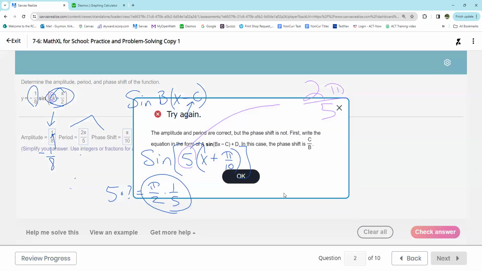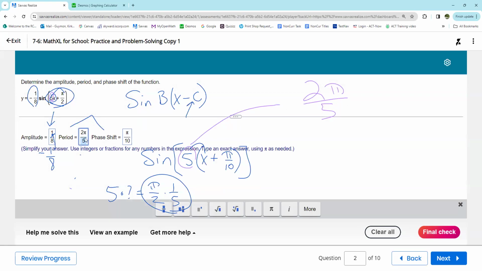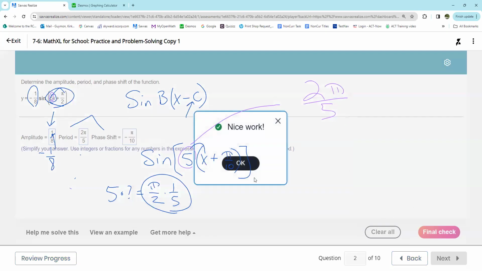And then, all right, this period and the phase shift. This phase shift, unless they might mean that that's a left. I don't think that's going to be it though. Oh, that was it.